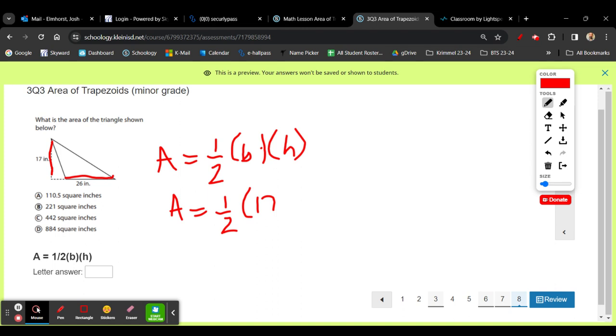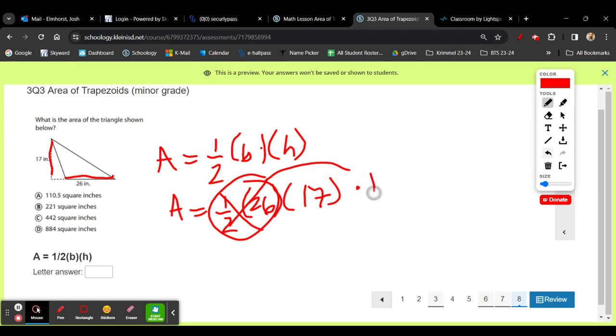So 26 times 17. Myself, I would divide 26 by 2, and then multiply 17 times 13.